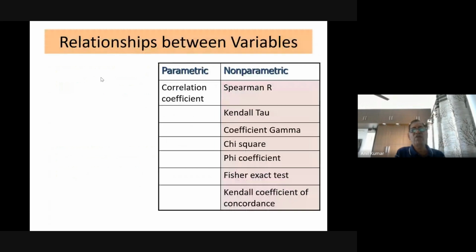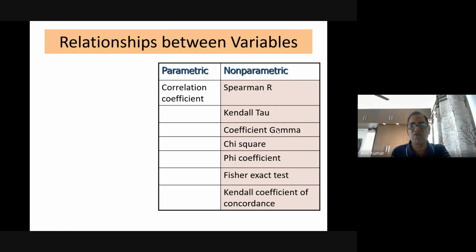When you are trying to find out the relationship between variables, we go for establishing a correlation coefficient. So Spearman's rank difference correlation is there. And instead of that, you can talk of Kendall's coefficient.